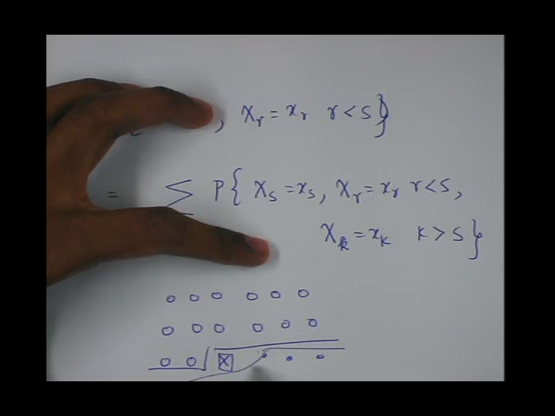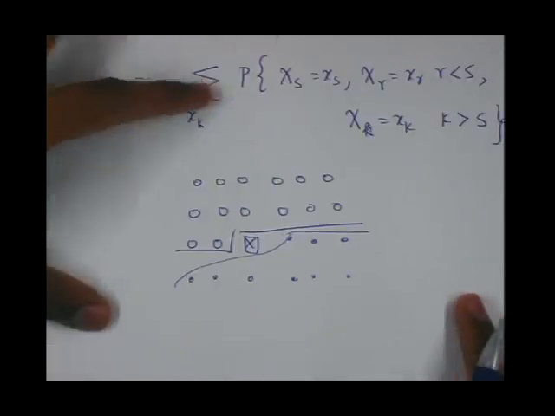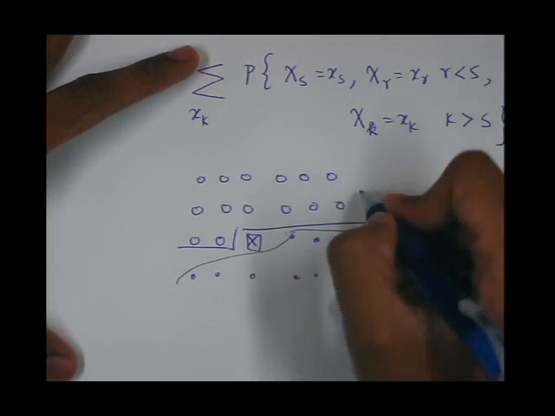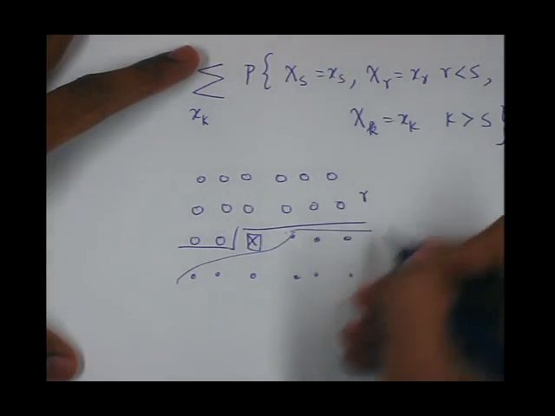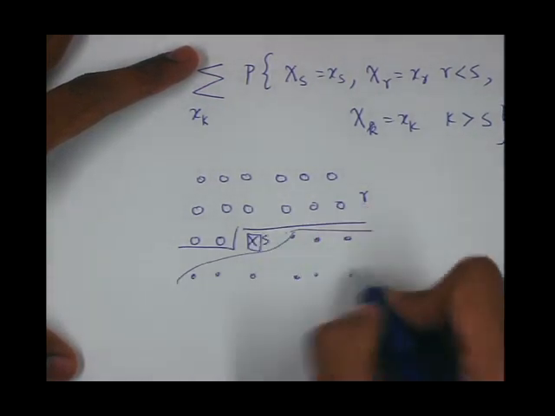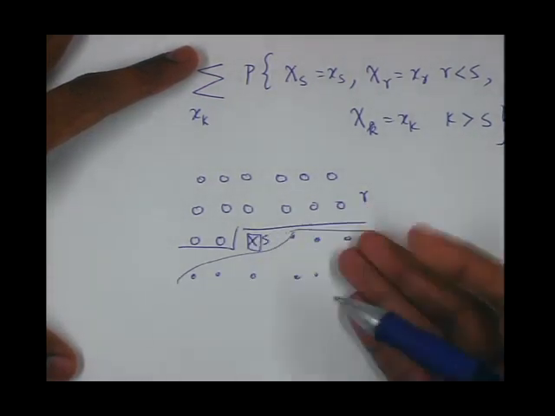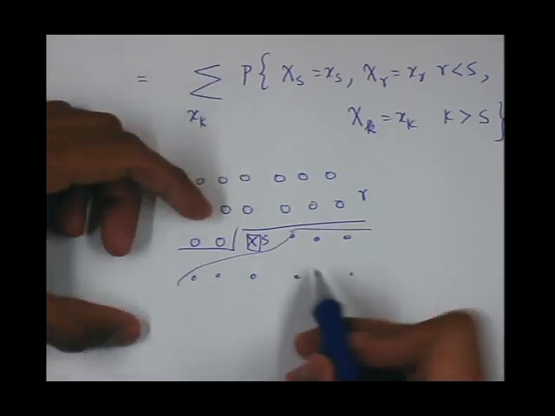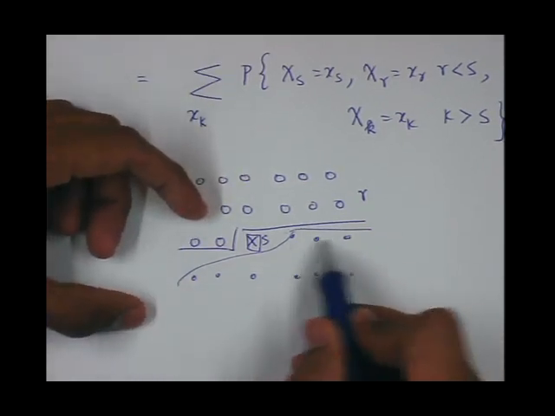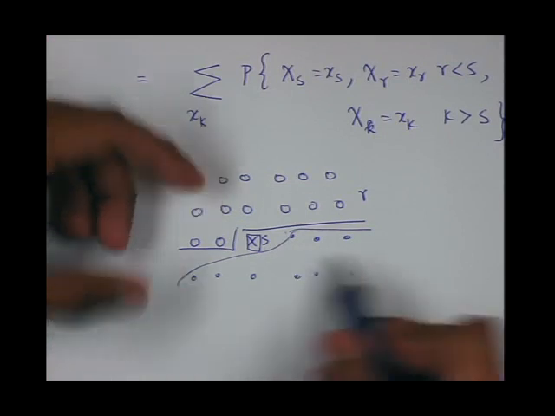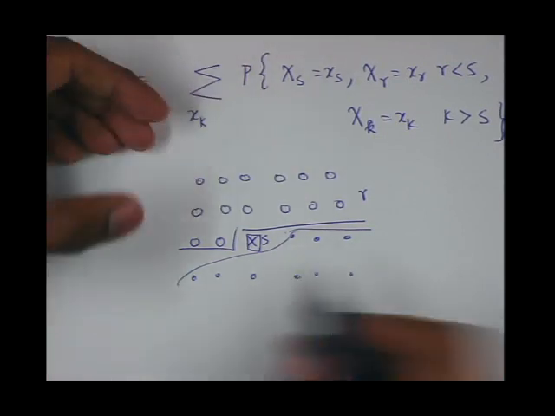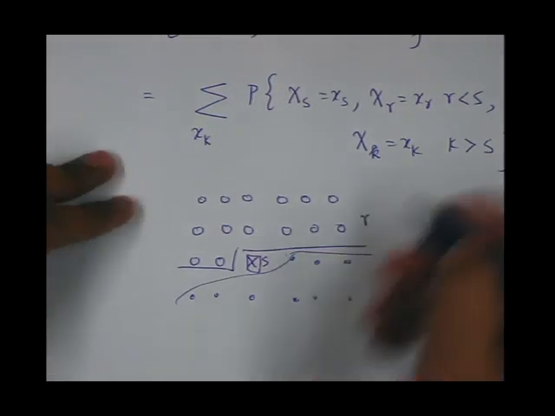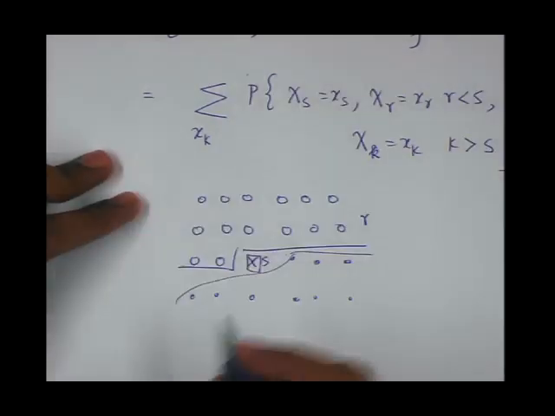So you got to sum it over all the possible values of, these are the pixels prior, this is the set R, this is the center pixel S, and this is everything that is beyond S. So you got to sum it up over all possible values of this set. So if each of these could be binary, you get these several sets. It's a big summation.